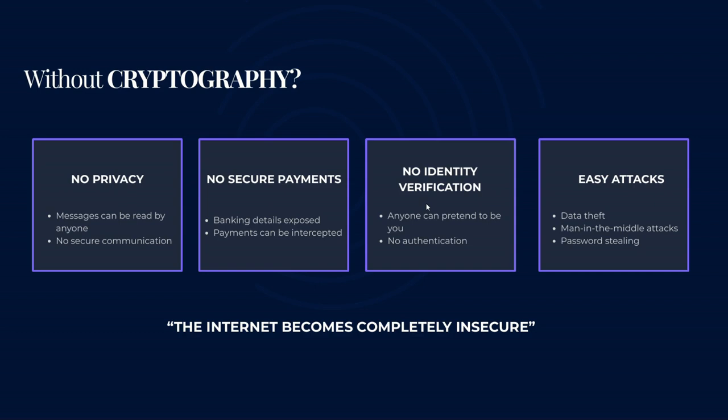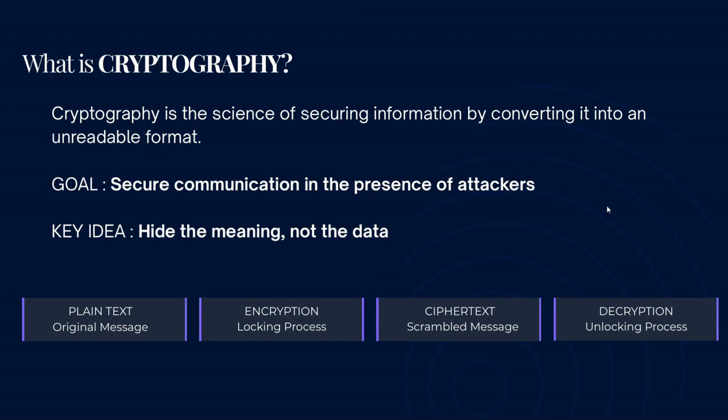Anyone could pretend to be you. Your account, your identity, everything could be misused. And attacks would become extremely easy: data theft, man-in-the-middle attacks, password stealing, everything becomes simple. So in one line, the internet becomes completely insecure.